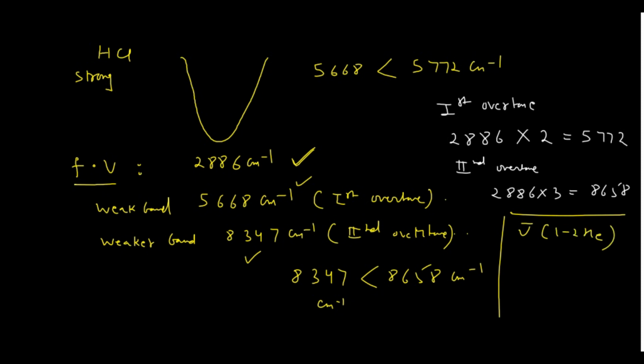When you ignore this, you can put the value of 0 for it, so nu bar is 1 minus 2 into 0, that means nu bar. So if you ignore this value, then harmonic or anharmonic, both are the same. Similarly you can do this for the first, second and third vibrations also.